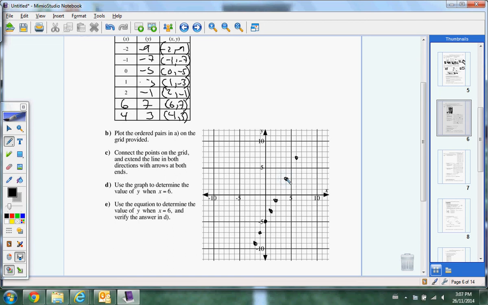It says connect the points on the grid and extend the line in both directions with arrows at both ends, which means it goes on forever. So just draw your line, put arrows. Use a graph to determine the value of y when x equals 6. So x equals 6 is right here. We already did that. We got 7.